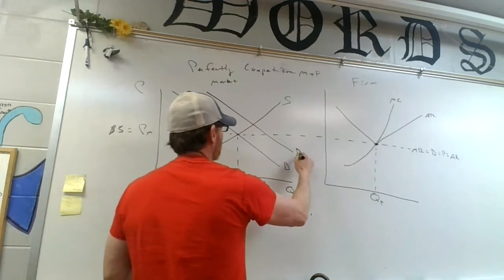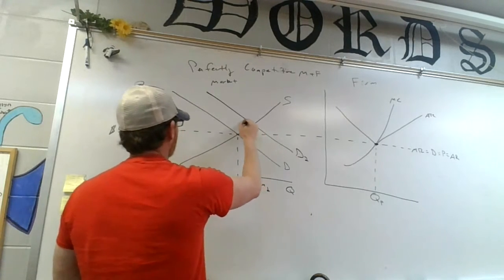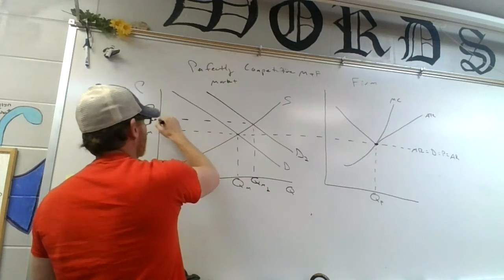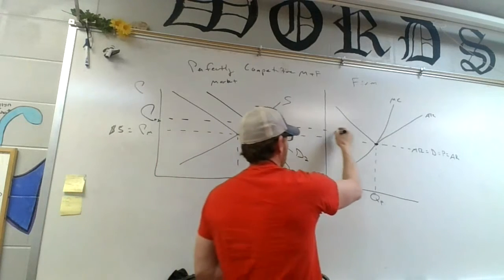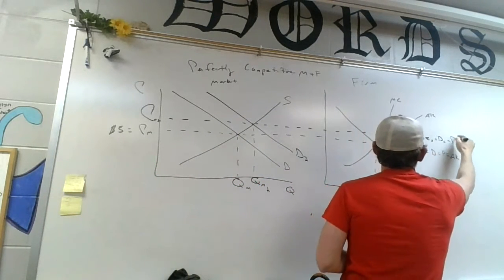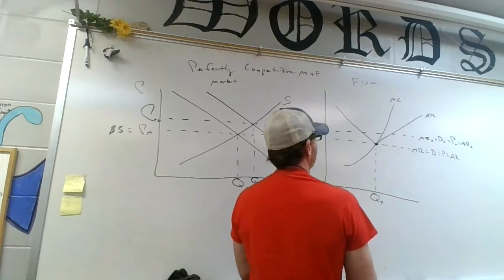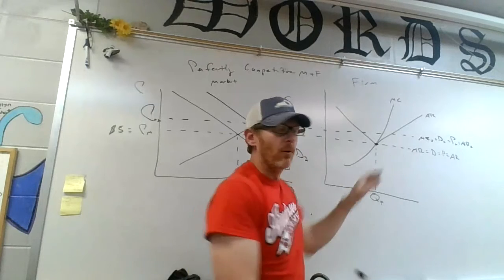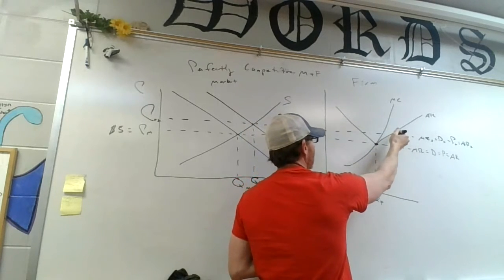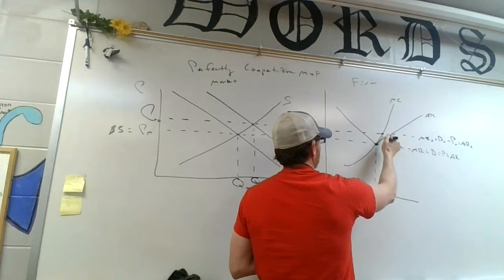If demand goes up, then here is our new market quantity and here's our new market price. All of a sudden we have marginal revenue sub 2, demand sub 2, price sub 2, and average revenue sub 2, and now we have a different output point. Here is where the new marginal revenue curve is hitting the marginal cost curve.